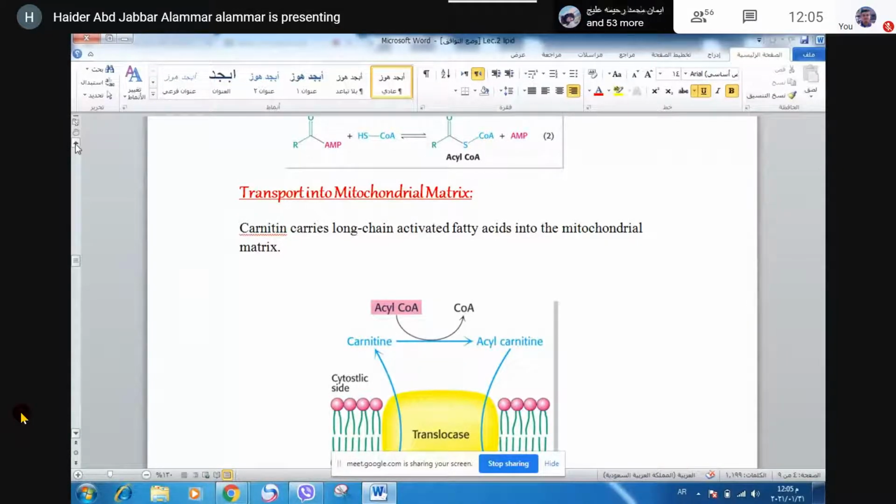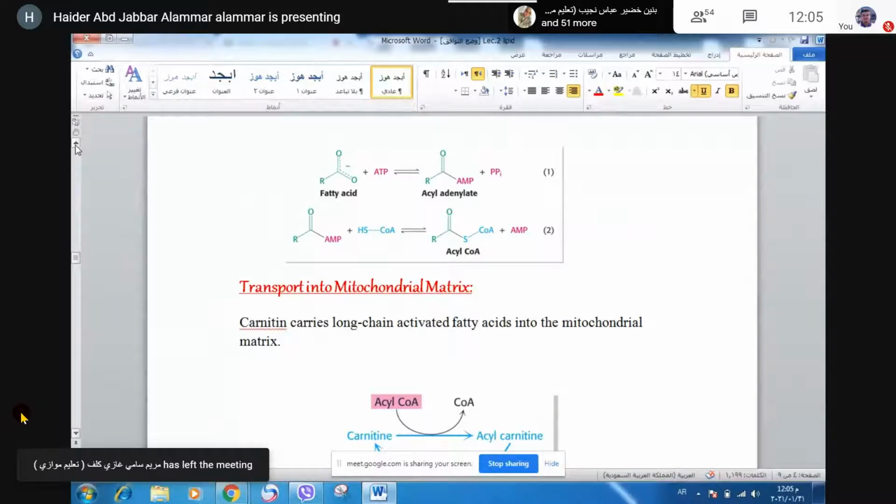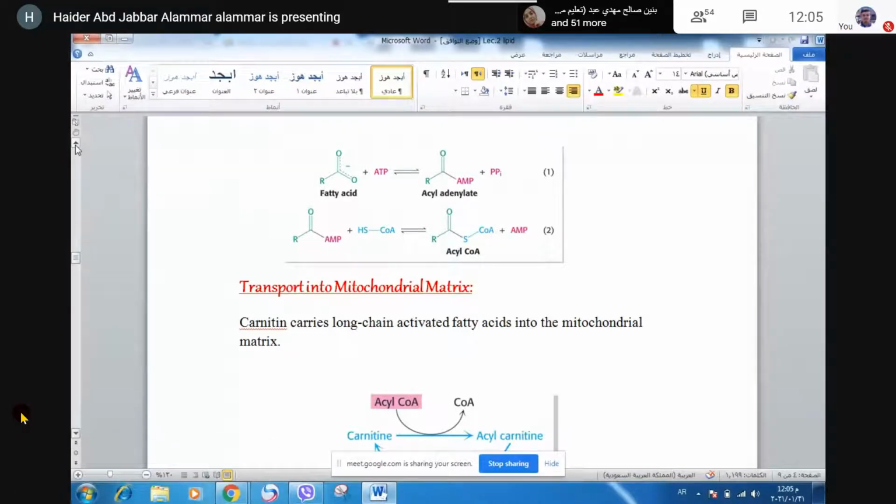Please remember that this two-step reaction consumes two ATPs, because beta oxidation is an energy yielding process, not an energy consuming process.